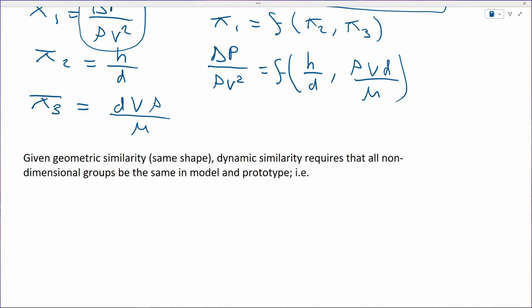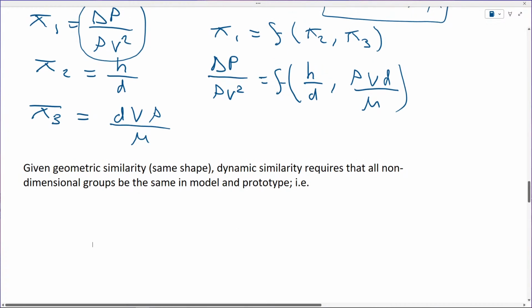So remember, I have here all non-dimensional groups. I have 3 non-dimensional parameters, pi 1, pi 2, pi 3. And the principle of similarity states that the... let's see, how to write this.